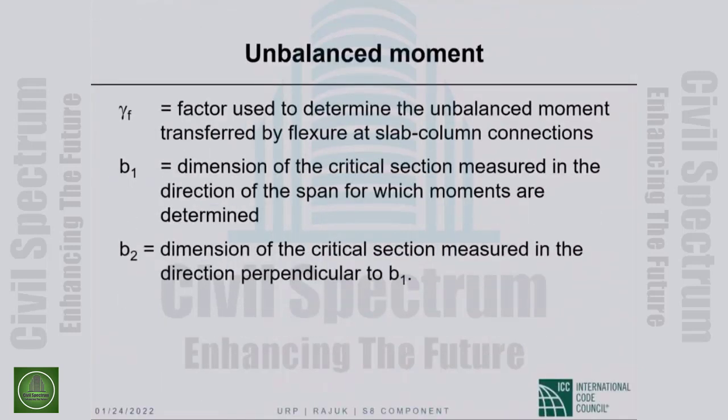So gamma f is the fraction of unbalanced moment that is transferred by flexure. b1 is the dimension of the critical section measured in the direction of the span for which moments are determined, the dimension of the critical section for two-way shear in the direction of analysis. b2 is the dimension perpendicular to the direction of analysis.